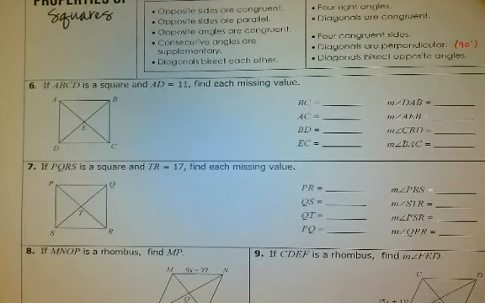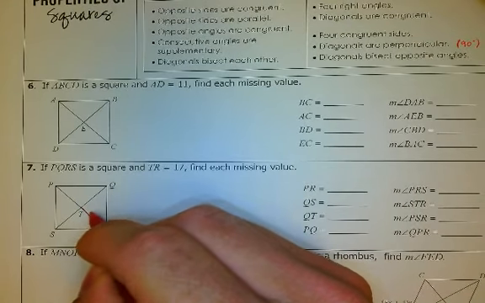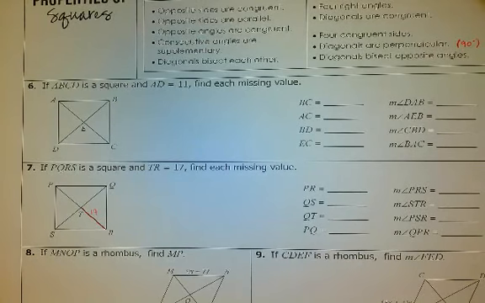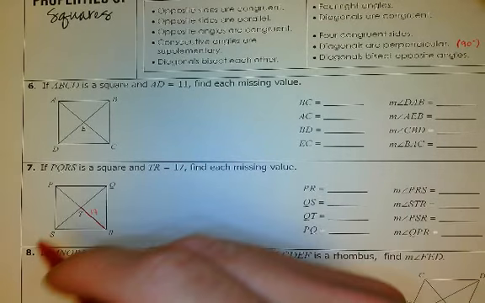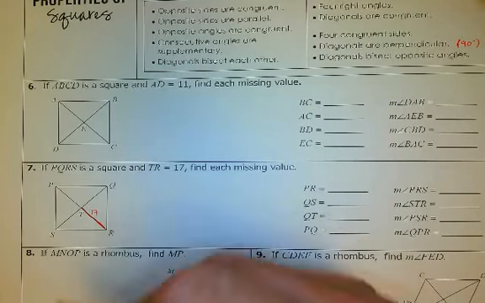Square PQRS is a square and side TR is 17. Find each missing value. Okay, so 17 is not on one of these larger sides.